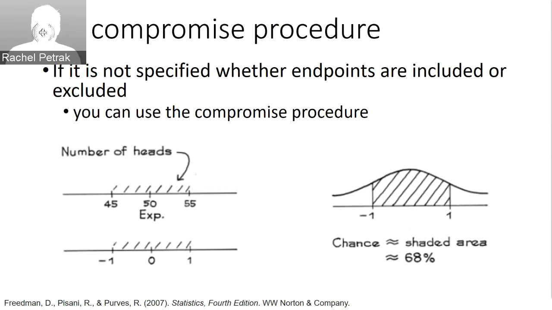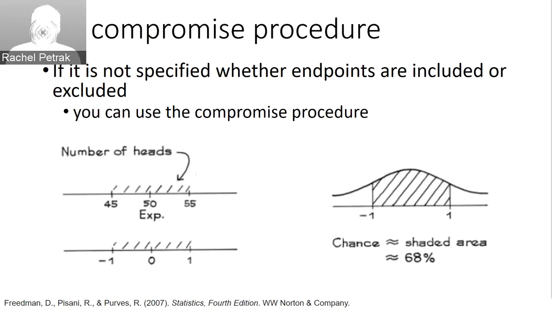So let's just make sure we fully understand what we're doing in our compromise procedure here. When we use this compromise, the normal approximation consists of replacing the actual probability histogram by our normal curve before computing the areas, but this is only legitimate when the probability histogram follows the normal curve.